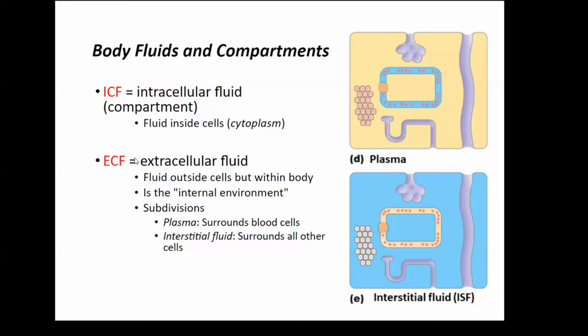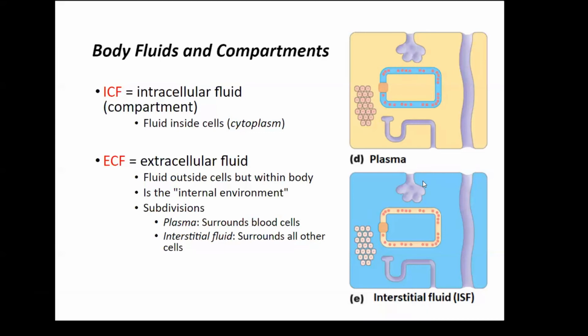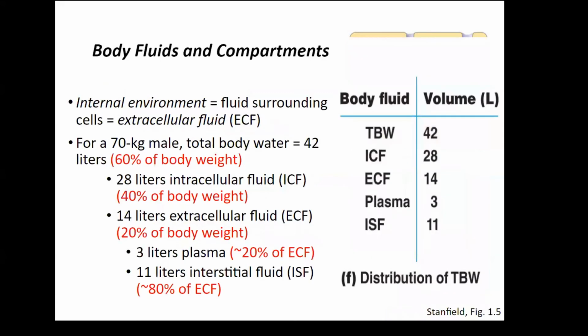We want to think about whether that fluid is in the blood or whether it's out between your muscles somewhere. That's going to be important to its composition, and to what it's carrying within it. So when we're thinking about our internal environment, the extracellular fluid, we're going to zoom in on this part.